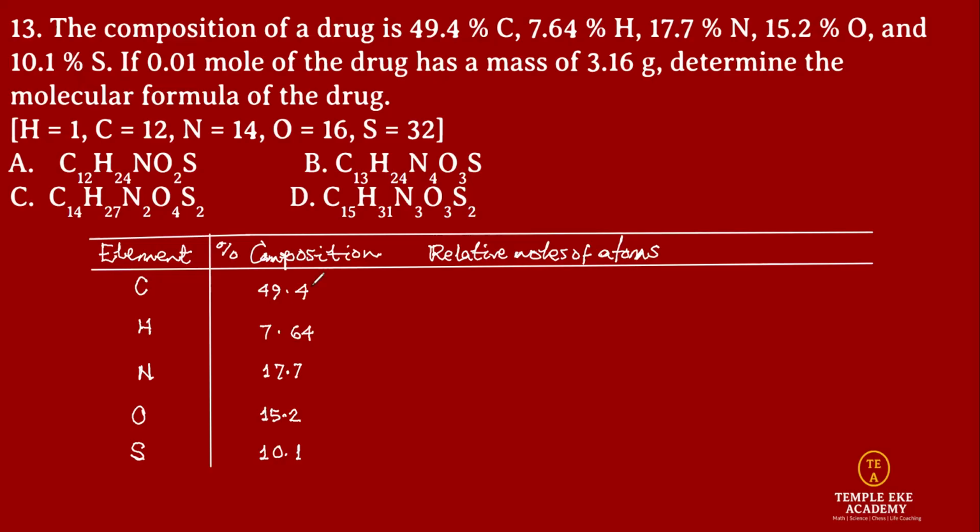And that will involve dividing the percent composition by the individual relative atomic masses, not the molar mass. So let's get into it. That means for carbon, we're going to have 49.4 divided by the relative atomic mass of carbon, which is 12. Upon evaluation, to 2 places of decimal, we have 4.11.